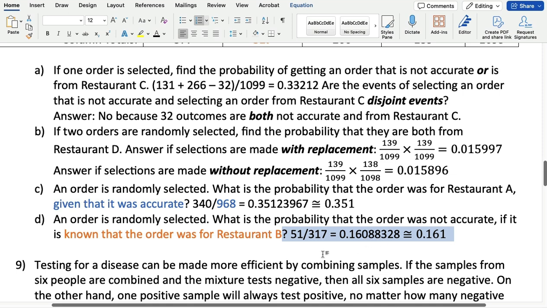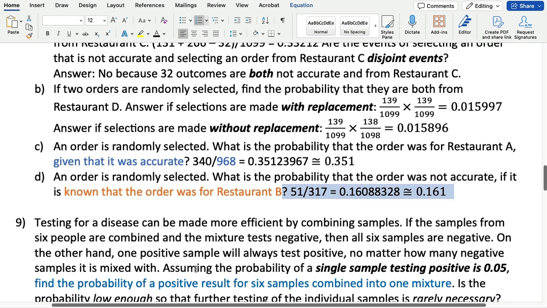And again, if we're rounding to 3 decimal places, we count down: 1, 2, 3. So either the 0 is going to remain a 0, or based on the digit that comes next, we will round it up. Because of the 8, the 0 becomes a 1. So this is 0.161.